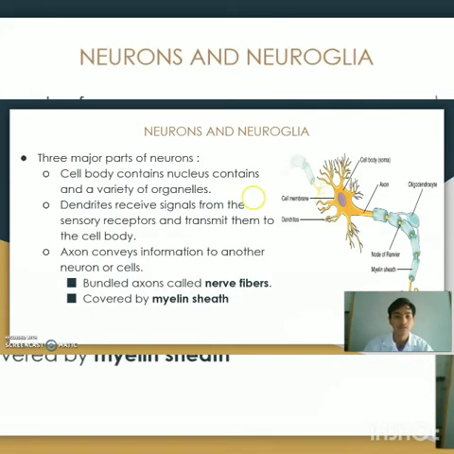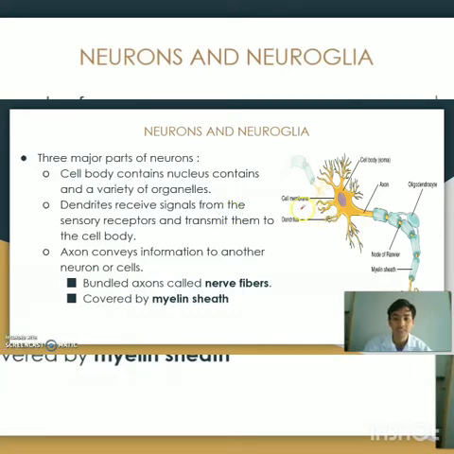Neurons have three major parts. They have cell bodies that contain the nucleus and a variety of organelles. They also have dendrites, which receive signals from the sensory receptors and transmit them to the cell body.